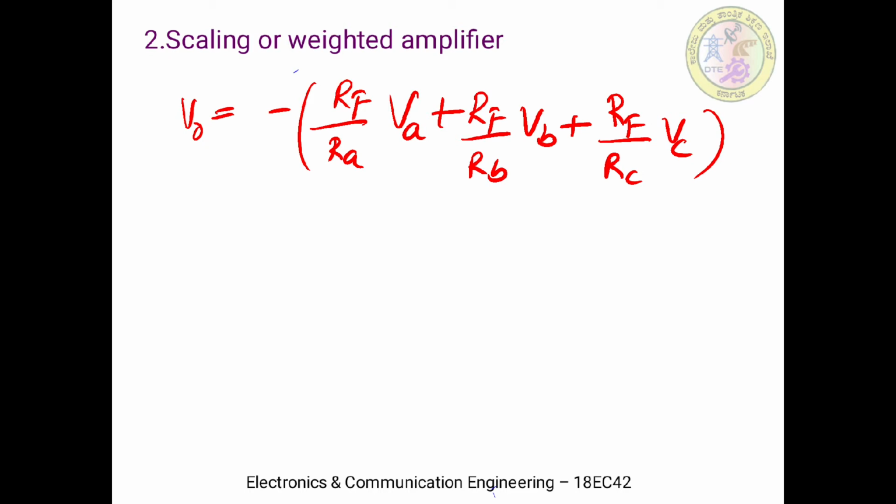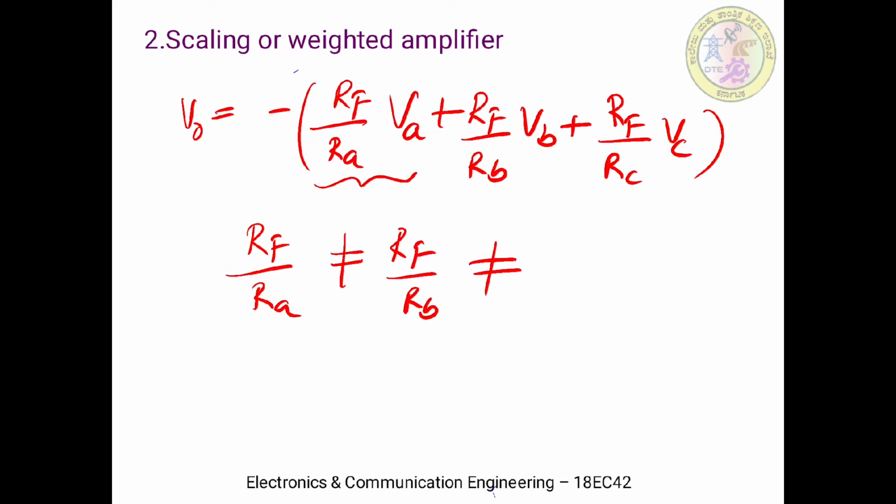Now in this circuit, if RA, RB, RC are all different resistors, then what does it mean? RF by RA into VA means each input voltage is scaled. For this condition, the ratio RF by RA is not equal to RF by RB, and again this is not equal to RF by RC.